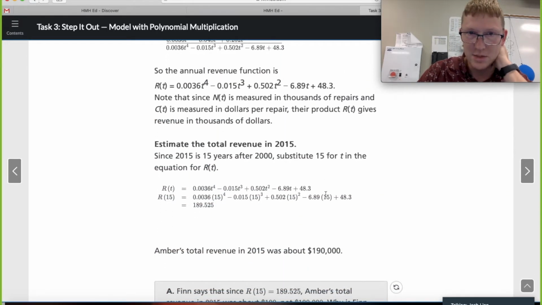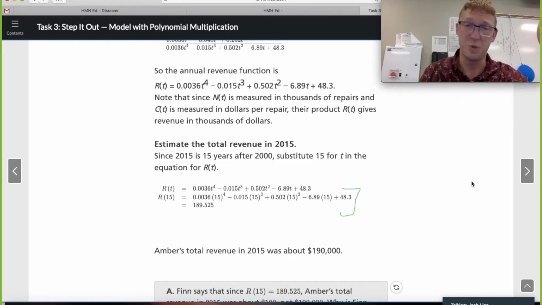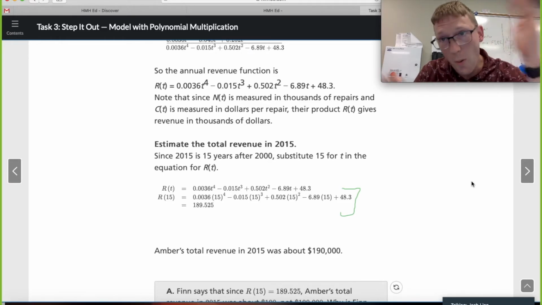So to estimate the total revenue in 2015, you would just put 15 in for t in the equation. So here is our original equation. We just substitute 15 in for t and plug that into the calculator.